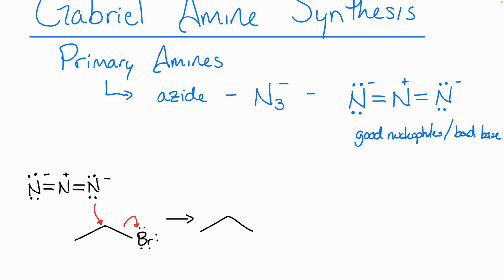This now has that whole big ol' N3 group on there. All right, and we can reduce our azide to a primary amine using our normal reducing agent, the lithium aluminum hydride.